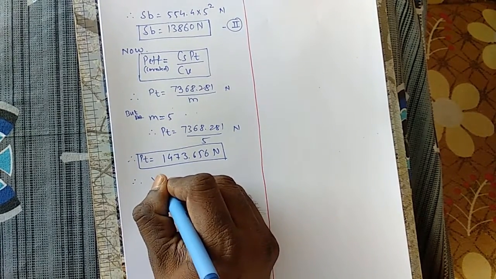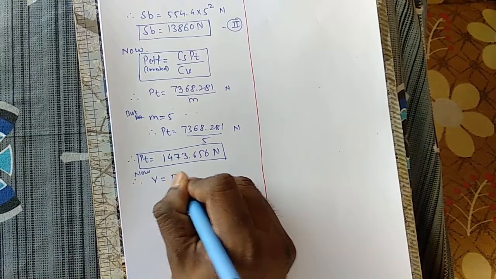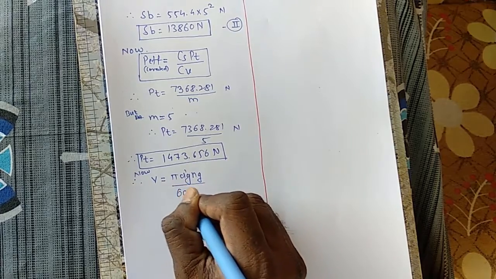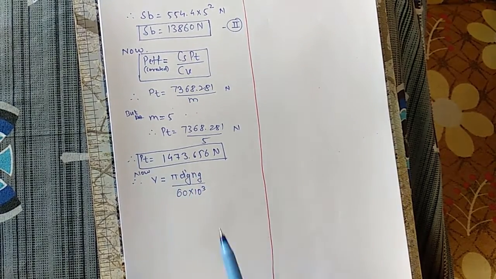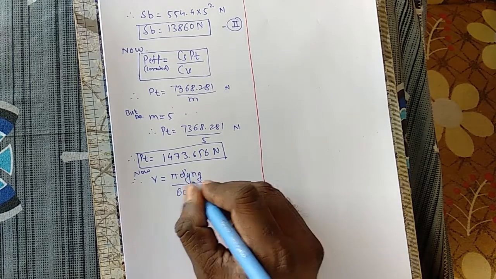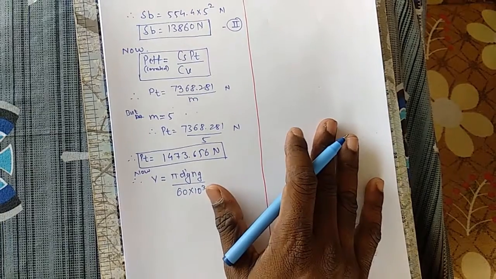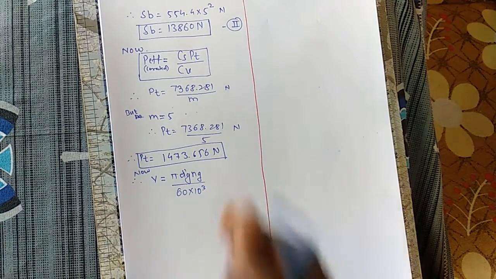So I will say now V is equal to pi d dash g Ng divided by 60 into 10 raised to 3. D dash g, why we have taken suffix g? Because gear is the weaker element. So for d dash g, m into Zg, and module we were not linked, that's why we have assumed V is equal to 5 meter per second.